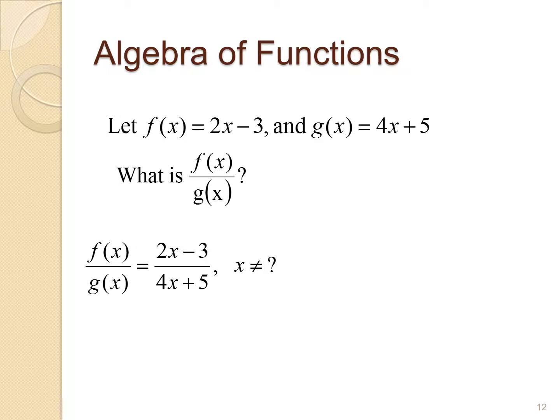And usually when we do division, we also annotate that x cannot equal some number. Of course, with this, the denominator can never be equal to 0. So you take the entire denominator, set it equal to 0, and then solve for x. Subtracting 5 from both sides gives us this, and then divide by 4. So we know that x cannot equal negative 5 over 4.